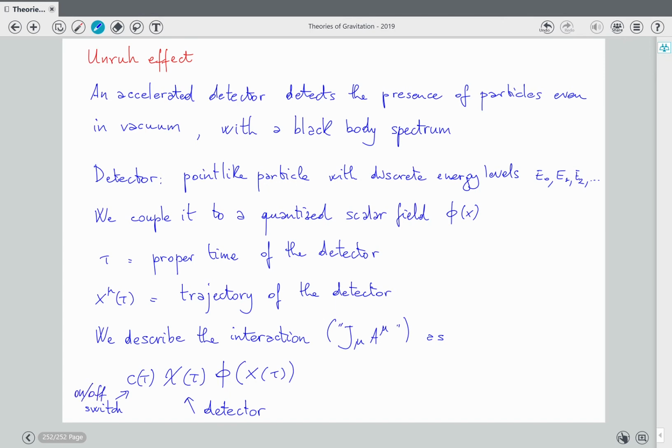So that's an on-off switch, which means it's just a function that will be 1 in a certain interval, minus omega divided by 2 to plus omega divided by 2, and 0 everywhere else, just to imagine that the interaction is switched on and off, and it doesn't last for infinity. Okay.